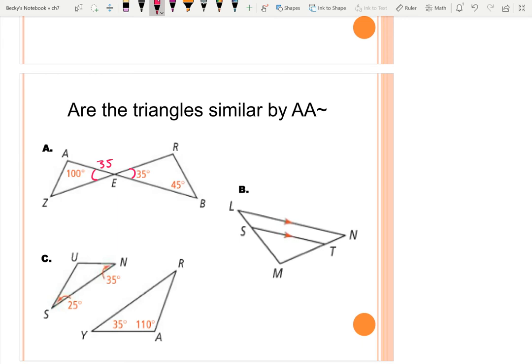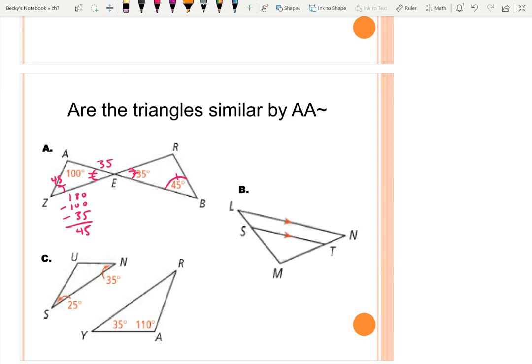So for this triangle on the left, I'm going to take 180 minus 100 minus 35 to see what angle Z is equal to. When I do that, I get 45 degrees. Now, I instantly know this works because I see over here, this is 45 degrees. So that means those are equal. I know the 35s are equal. You could do the math, but we're going to get 100 regardless.